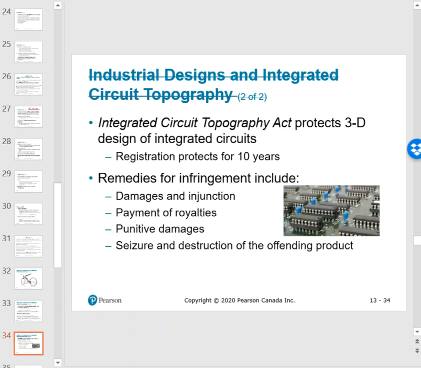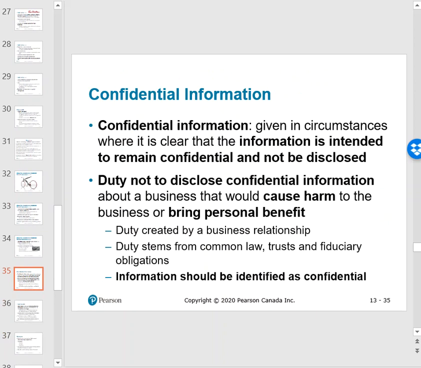Integrated circuit topography. I won't focus on this, just for you to know what it is. An example would be the 3D microchips that are in computer motherboards. So those are integrated circuit topography, but I won't be focusing on them.